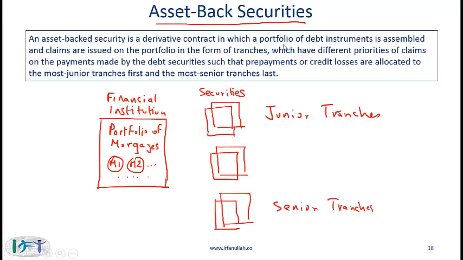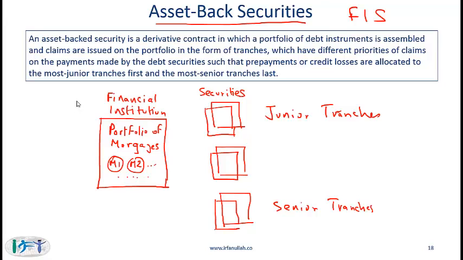Asset-backed securities. This topic is generally covered under fixed income securities, but asset-backed securities also have characteristics of derivatives, so we will talk about this material very briefly over here. Before we read the definition, I just want to give you the basic concept.